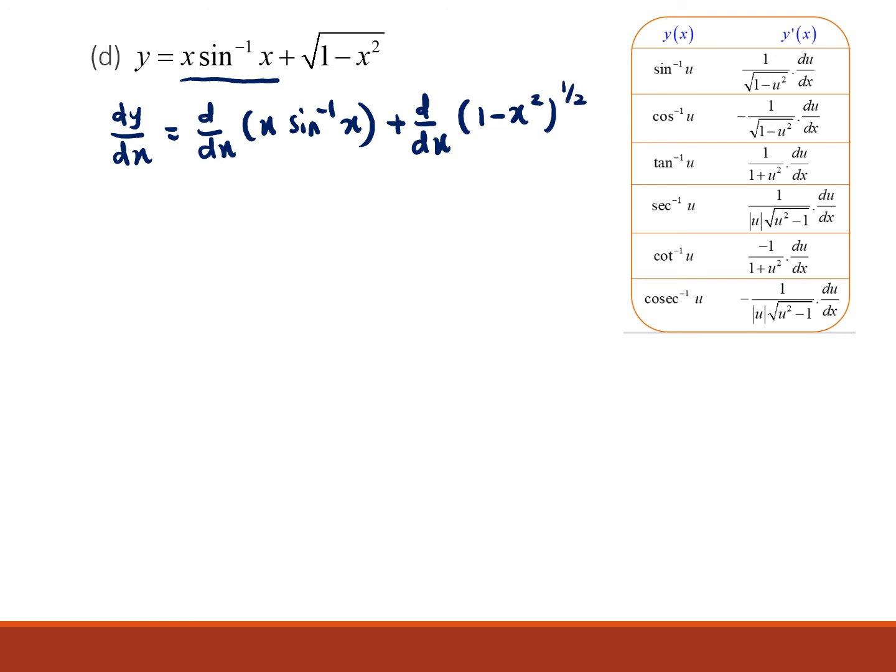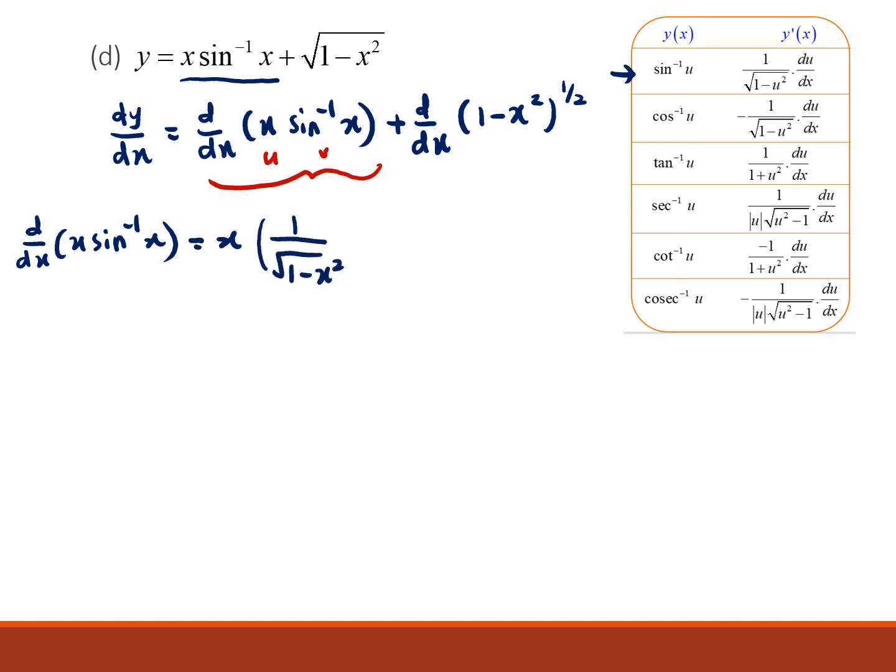Okay, first I will solve the first term here, where this would be d over dx of x arcsine of x, where our u would be x and v would be arcsine of x. So using the product rule, it would be u dv over dx. So the derivative of arcsine would be 1 over the square root of 1 minus x squared.